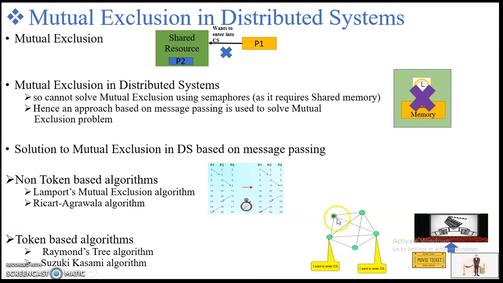Once it exits the critical section, this particular token will be transferred to any other process which is requesting that particular critical section. So the process that has that token is the one who will enter into the critical section. This concept is mapped to the real-time concept of movie tickets. If the person has the movie ticket, then only he is allowed to enter into the cinema hall.